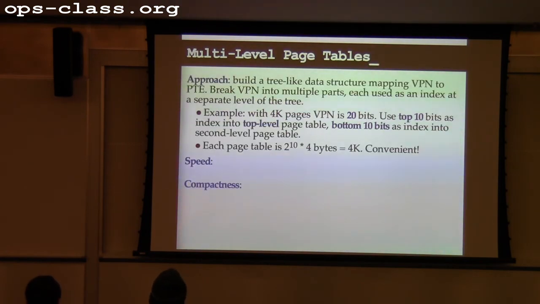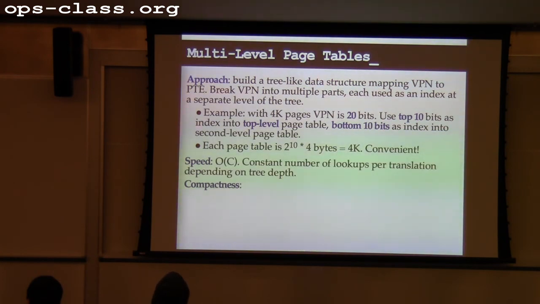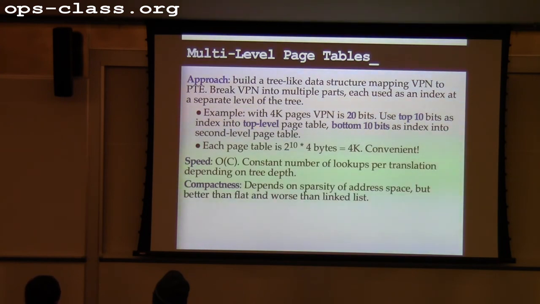I don't know if I did another example, right? So my speed again is constant, right? My lookup time is constant here. It's potentially twice what it would be for the flat page table, assuming everything's in memory, but my compactness is probably O(log n) or something, but it's much better than my flat address space, right?